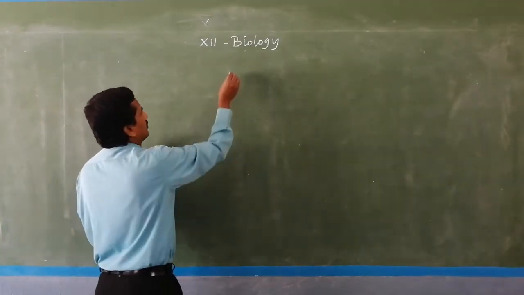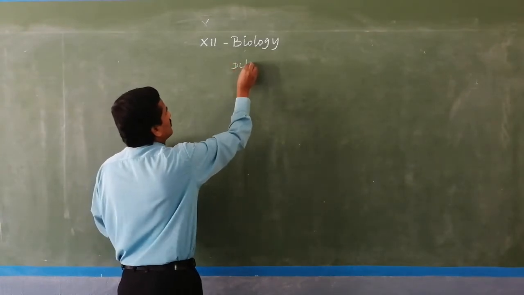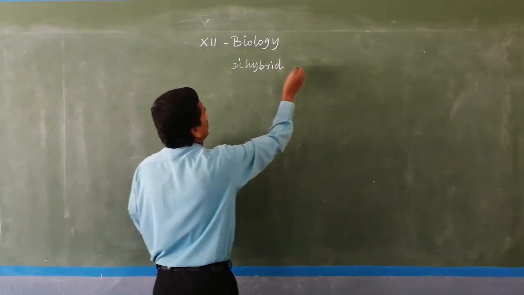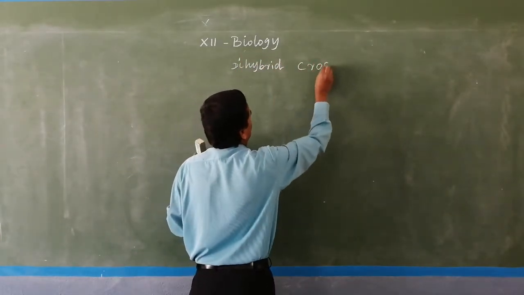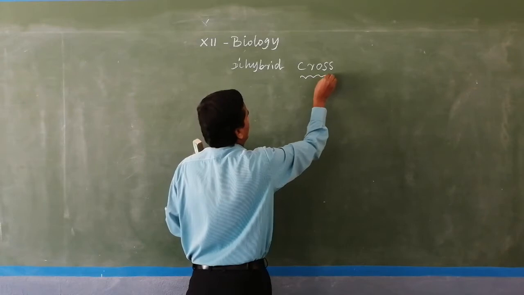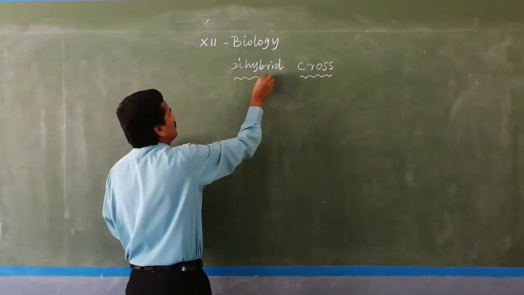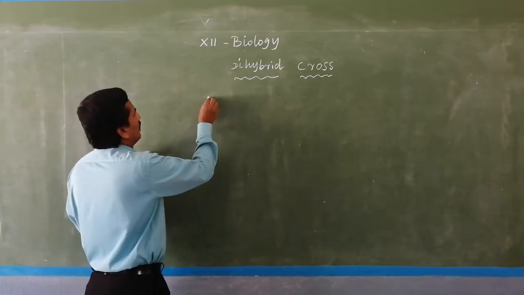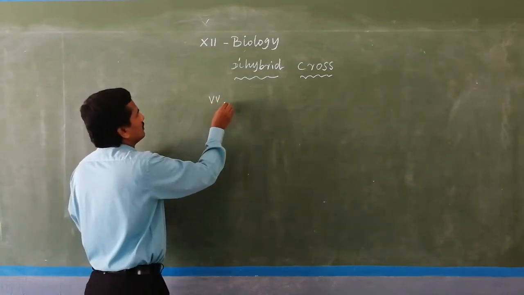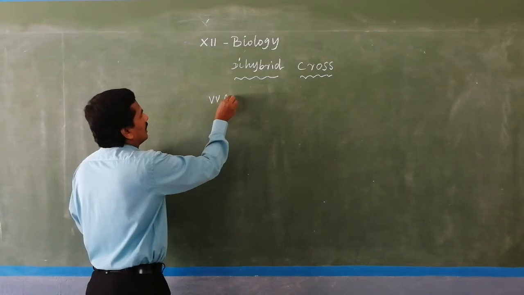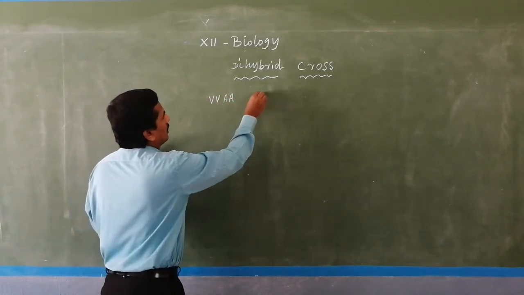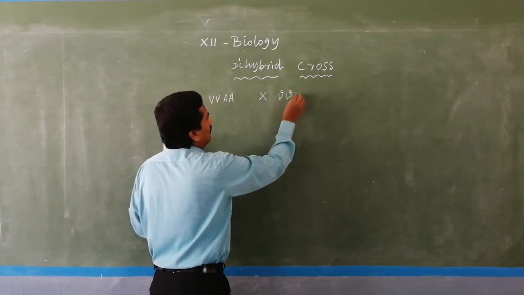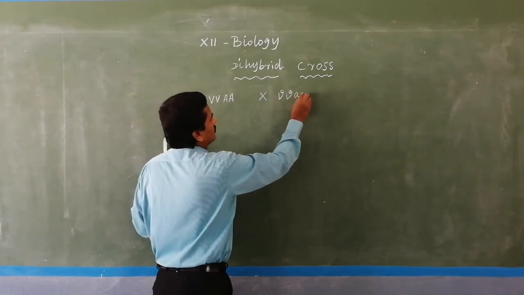Actually, this is dihybrid cross. Question: work out a dihybrid cross between violet colored flower with axial position crossed with white colored flower with terminal position.